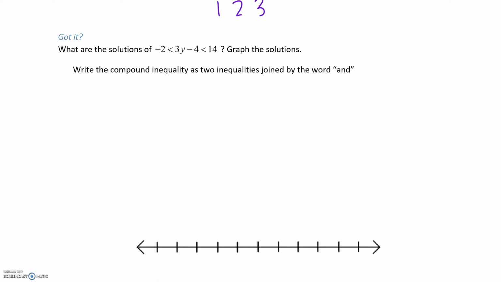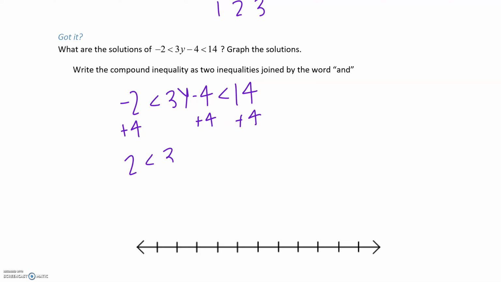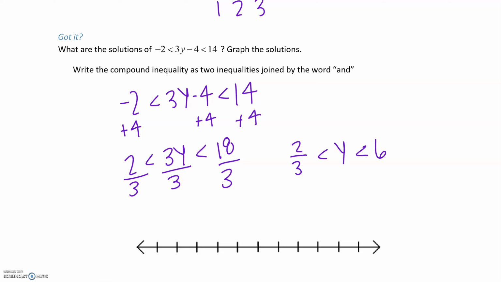Okay, so if we come down here, we're going to do the same exact thing. So you have -2 is less than 3y minus 4 is less than 14. So we're going to add 4 to all three spaces. That leaves us with 2 is less than 3y is less than 18, and we are going to divide everything by 3. And that leaves us with 2/3 is less than y is less than 6.